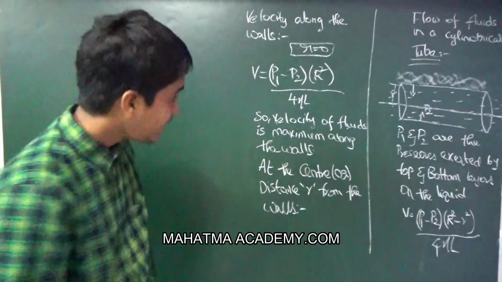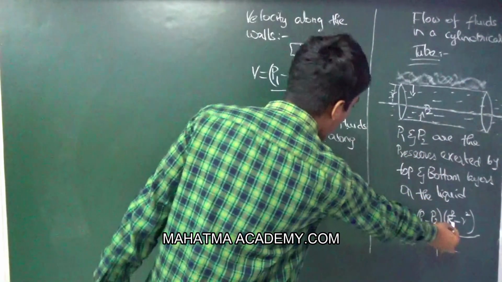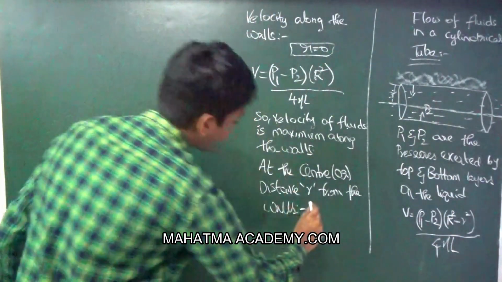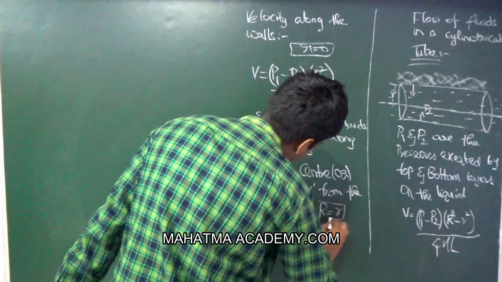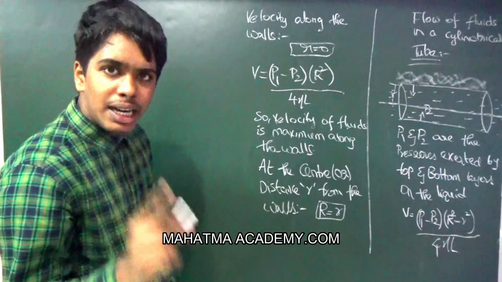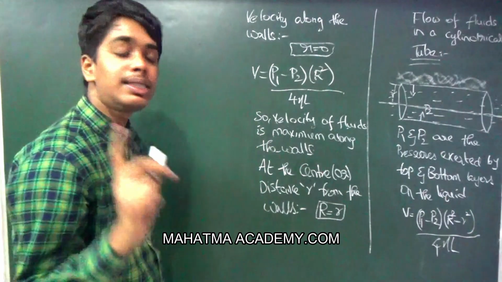Now the case is capital R is equal to small r. Capital R is equal to small r, so R square minus r square is equal to 0.